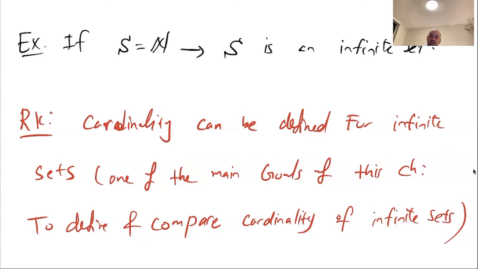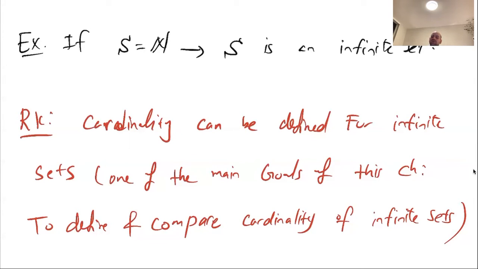If we define the cardinality of any infinite set to be equal to infinity, then any two infinite sets would have the same cardinality, which is not what we want. We want to have a better, more precise comparison. We want a tool to compare the number of elements in two infinite sets. We don't want to just say that all of them are infinity.